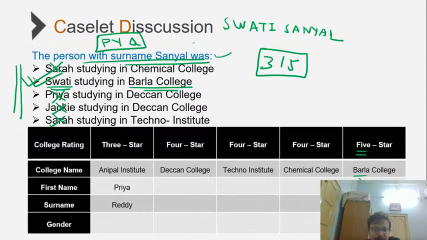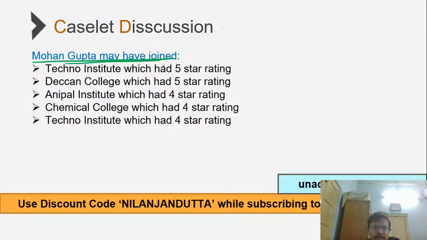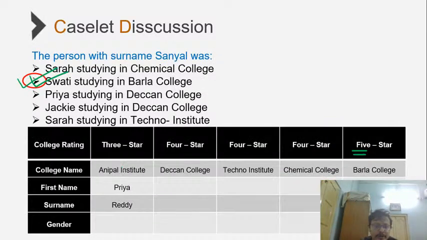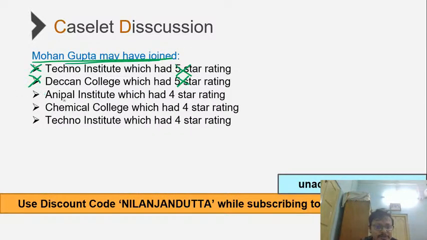We know it from this one that the 5-star college is Swati Sanyal, which automatically means this is incorrect. Mohan Gupta did not join the 5-star college. Also, we know Priya studied in Anipal, which means this is incorrect. That is, option C is also out.